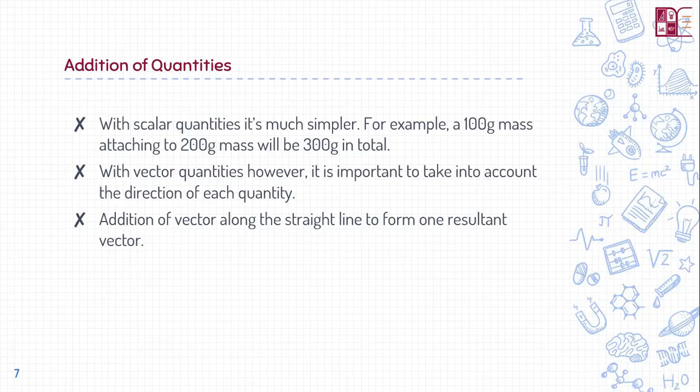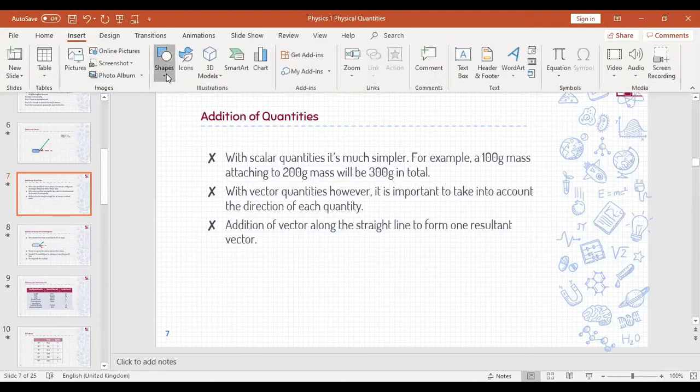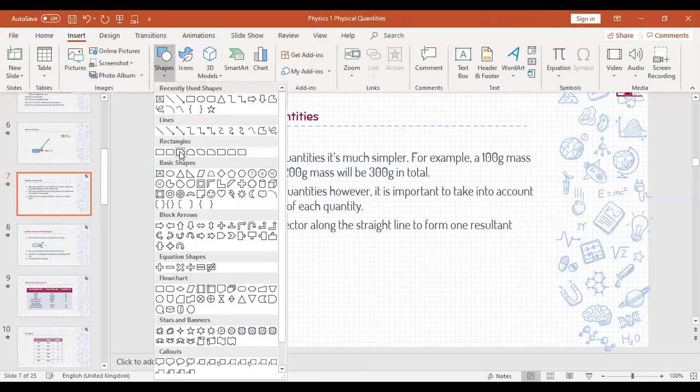Now, the addition of vector along the straight line to form a resultant vector. So let's assume we've got two different vectors acting on a body but in a straight line.